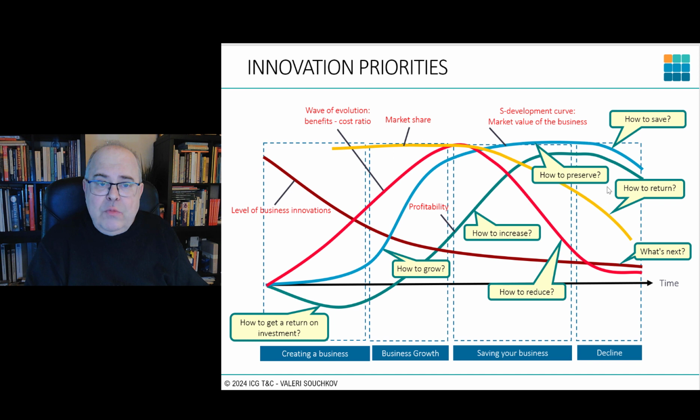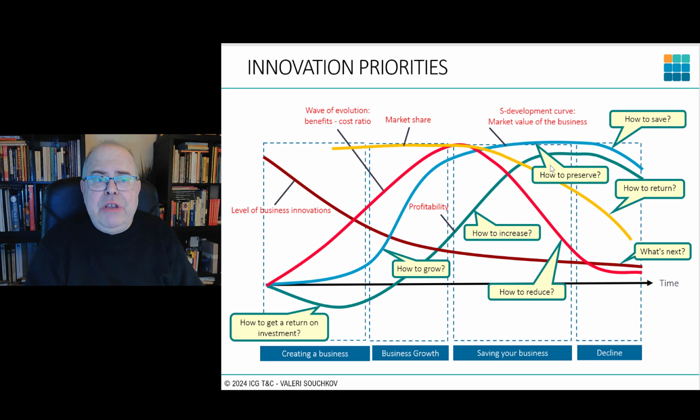So the question is, when you reach the third stage, what should you do? Shall you invest all your money, capital into preserving your business, or think about some future radical changes?